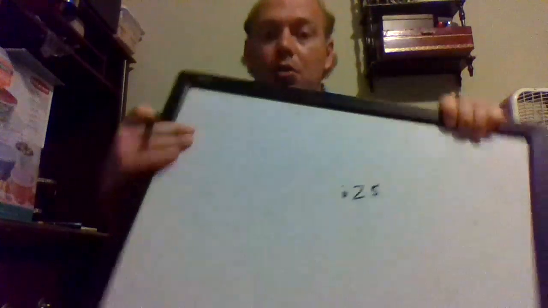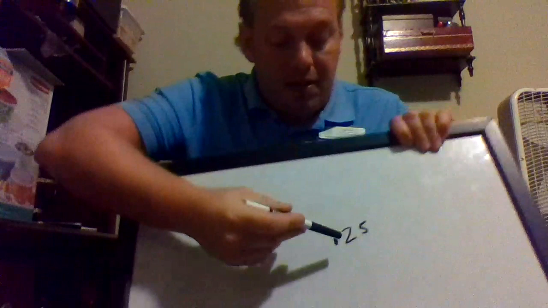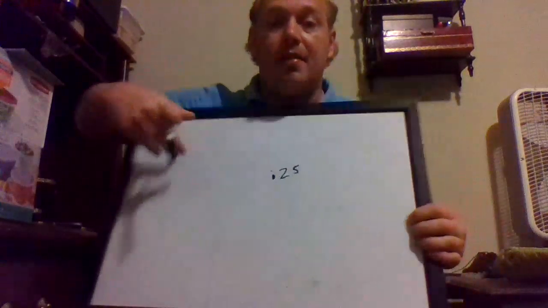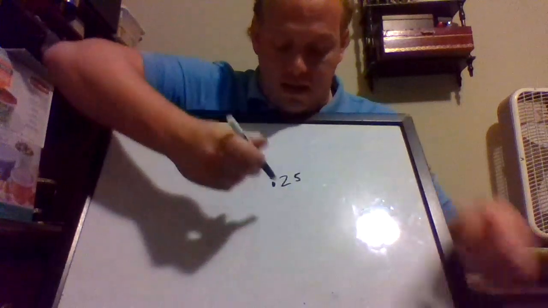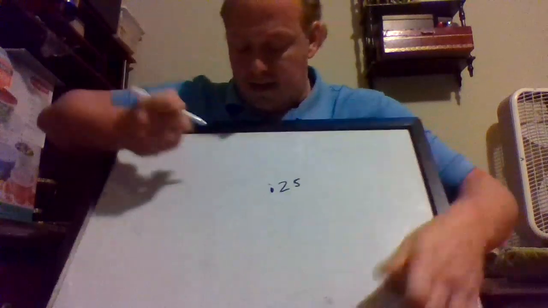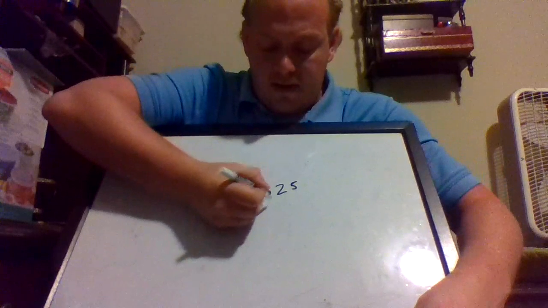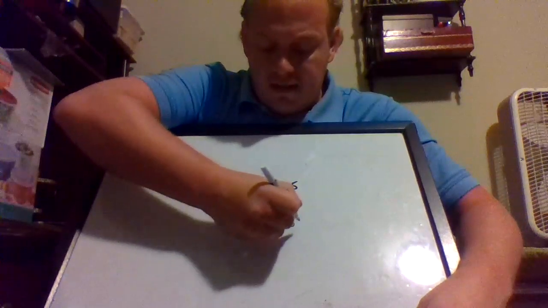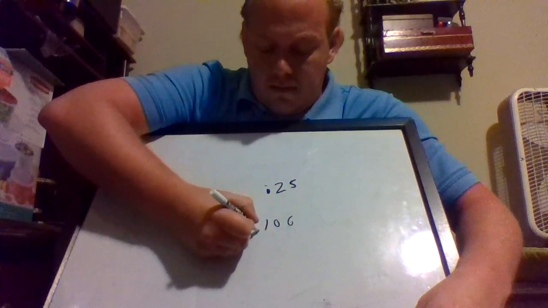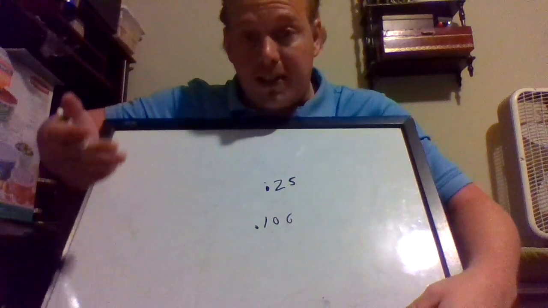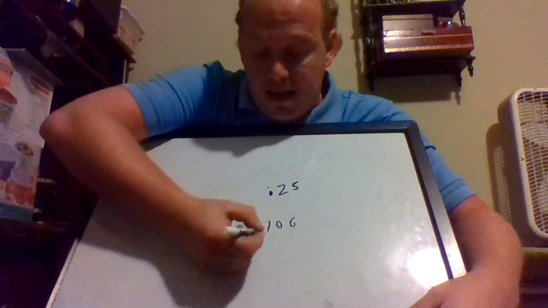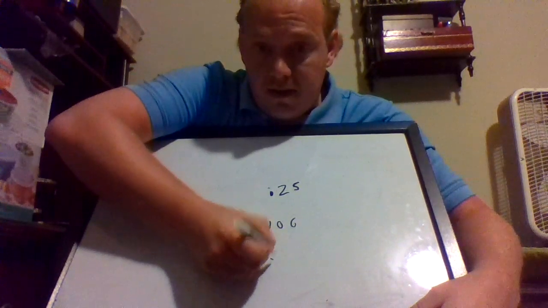Okay, so we've got 25 cents. So that means that this is 25 out of 100 cents, because 100 cents or 100 pennies is $1.